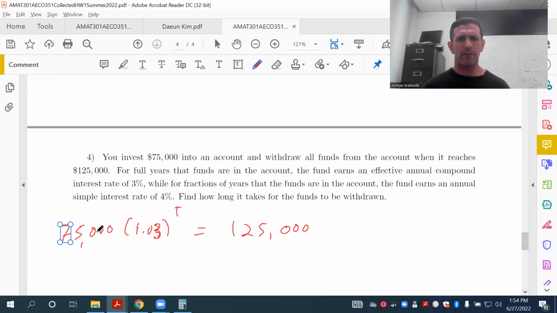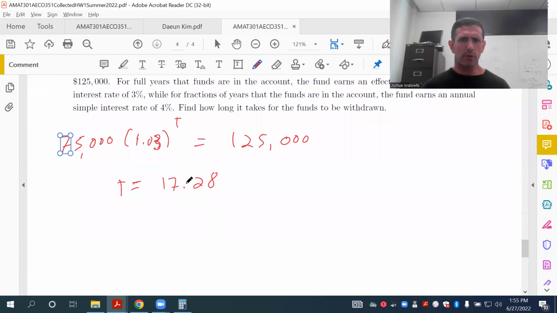So 75,000 earns interest until we hit 125,000. So you solve for t. Again, you really need to be able to solve for t in this course. It's a 300 level math course. So you get roughly 17.28.